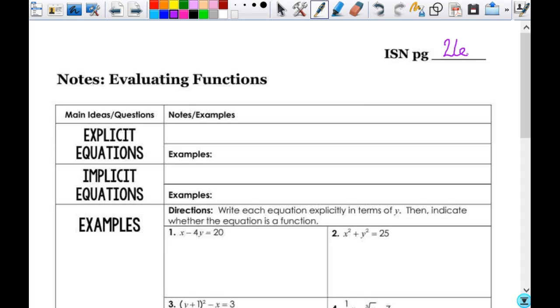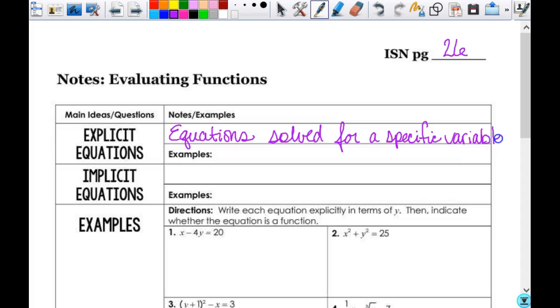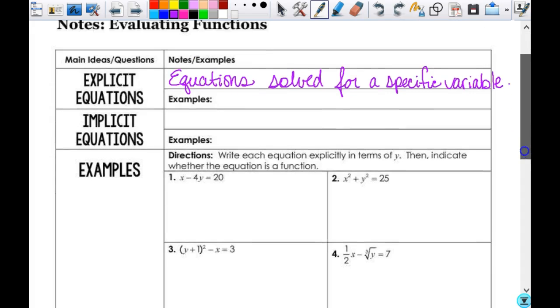So explicit equations are equations that are solved for a specific variable.